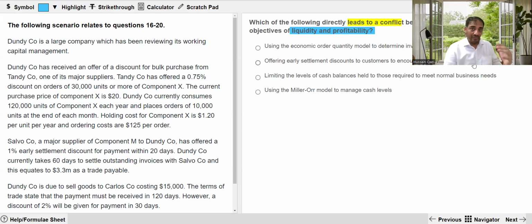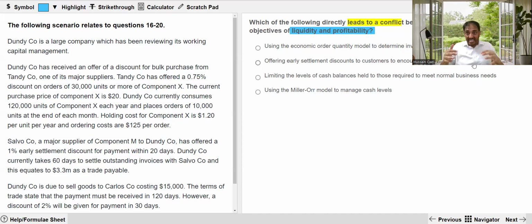Yes, of course, if we offer it for early settlement, our liquidity will improve. This is for sure. If the customer pays the amount with early settlement, our liquidity will improve. But while we maintain liquidity, on the other side, profitability becomes compromised. Yes or no? We need to analyze.